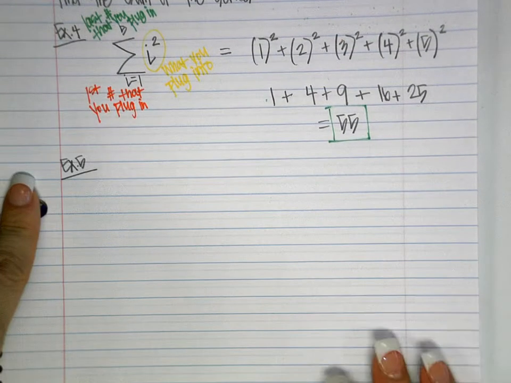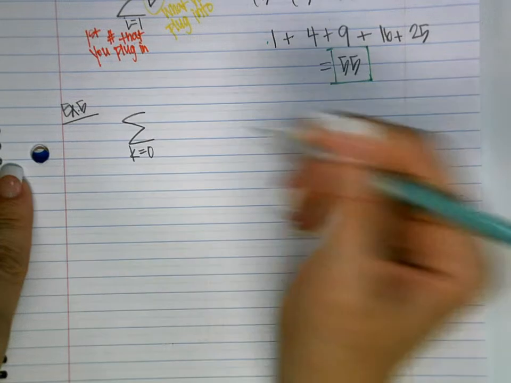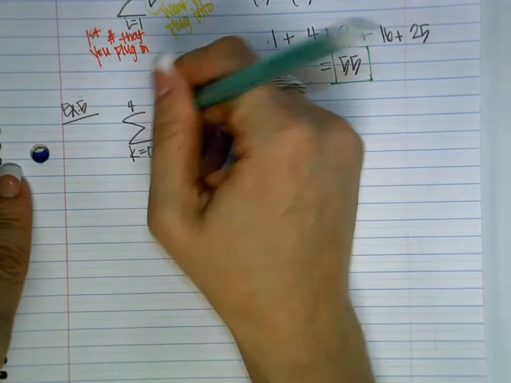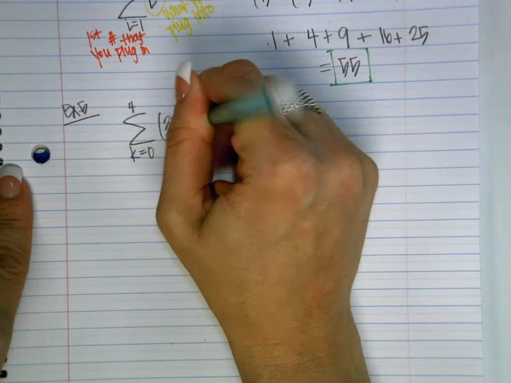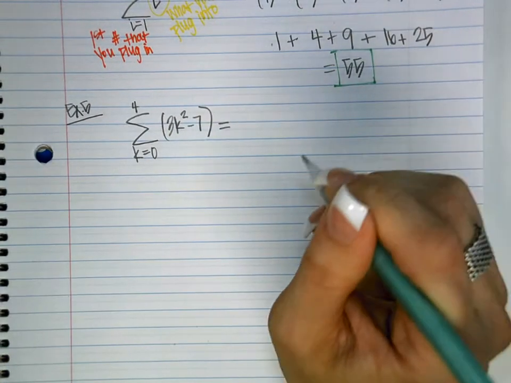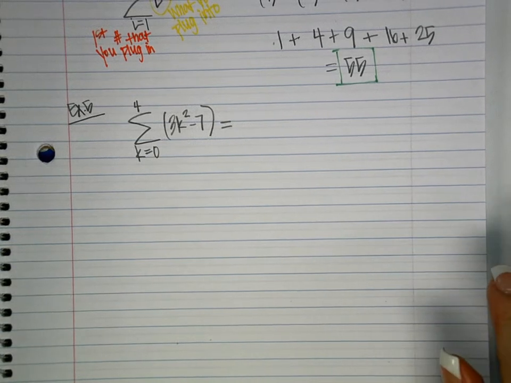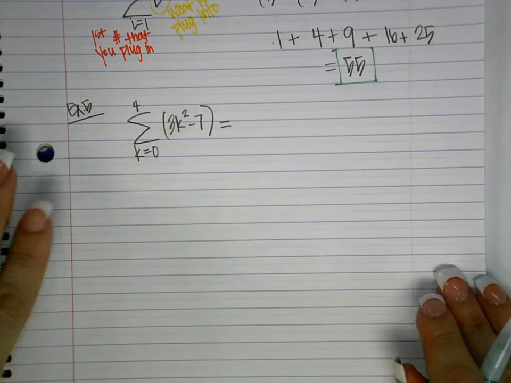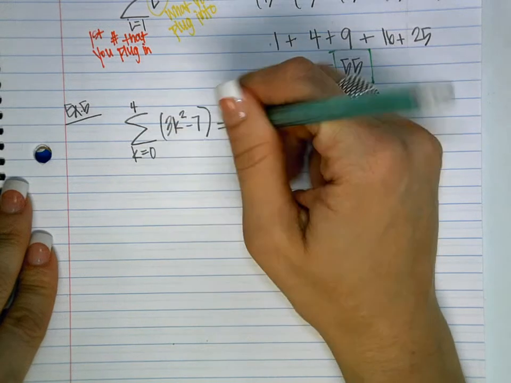Okay, let's try another one. For number 5, I want you to find the sum between k equals 0 and 4 of the equation 3k squared minus 7. Sum between 0 and 4 of 3k squared minus 7. So you're going to plug in every single one of these numbers from 0 all the way up through 4.